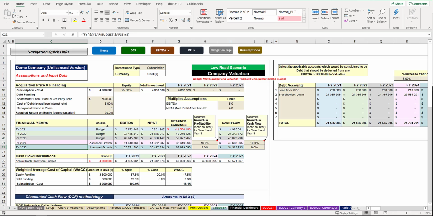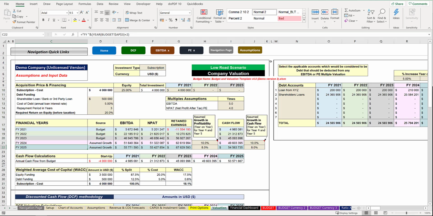As you can see, under the source, we talk about these values coming from your budget, which is from the budget sheet in this model, and then the other two are assumed growth based on assumptions that you're going to enter in terms of growth percentages for profitability and cash flow.